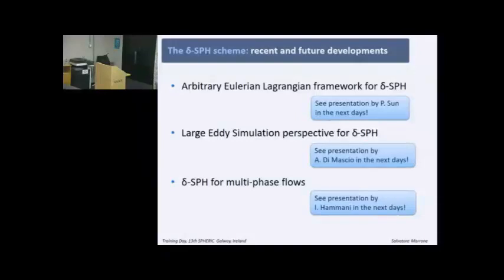Another model is the Large Eddy Simulation inside the Delta-SPH. So we tried to see the diffusive terms from an LES perspective in order to use those diffusive coefficients as LES coefficients, because we observed that they can be recast in this framework, and if they are variable, they can be used as a turbulence model.